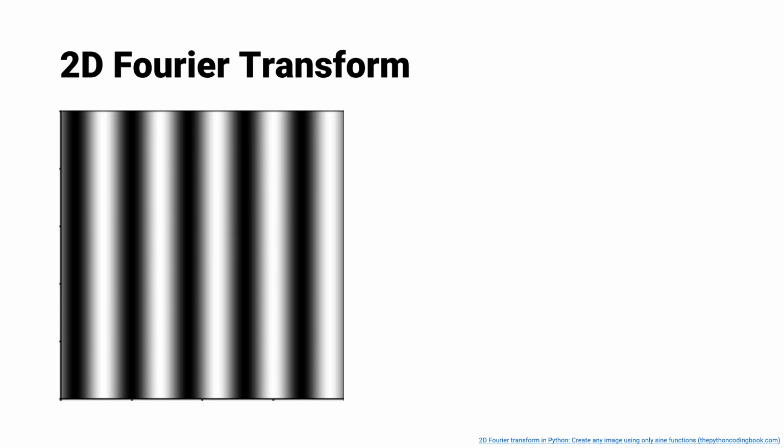The square waveform is basically a non-smooth version of this. It's basically black, white, and so on. But this is a nice little gradation from black to white. In this particular case, the -1 is going to be mapped to black, the +1 is going to be mapped to 255, and the 0 value is going to be mapped to 127. Great. So now let's take the Fourier transform of this image and see how it looks.